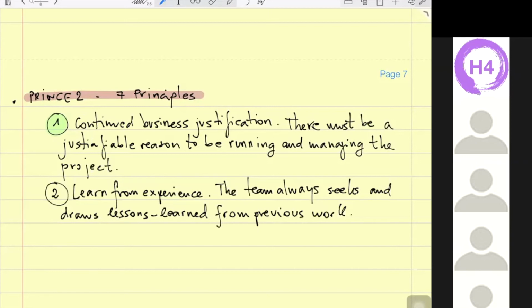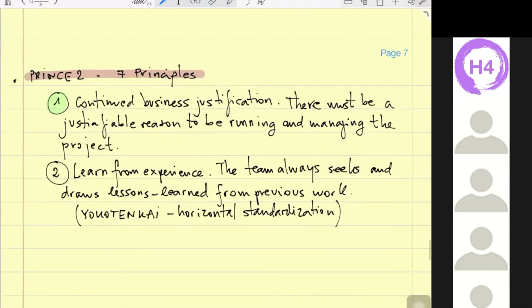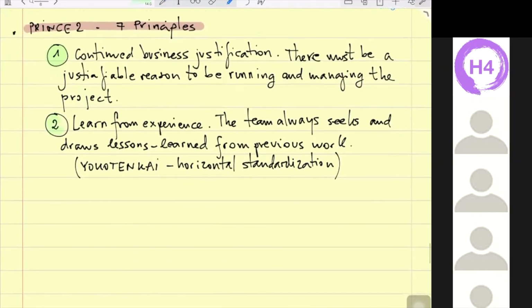You remember one word I said before, yokoten kai, horizontal standardization. Remember that. Organizations know a lot, but they don't know that they know it.